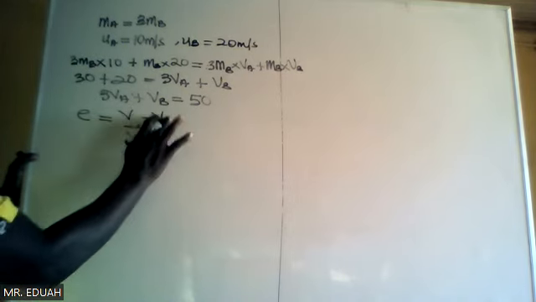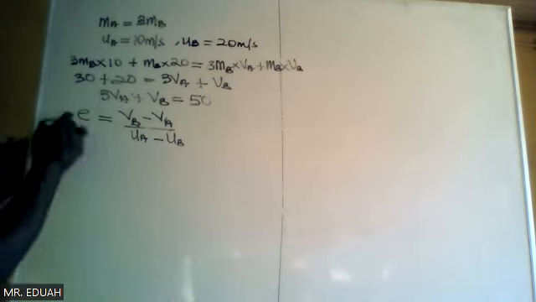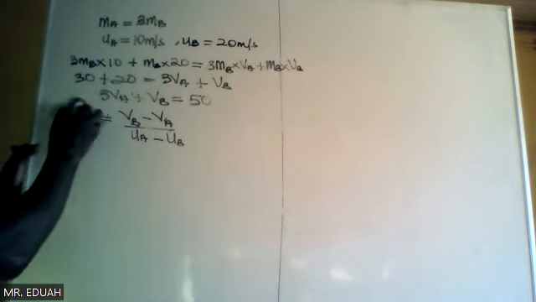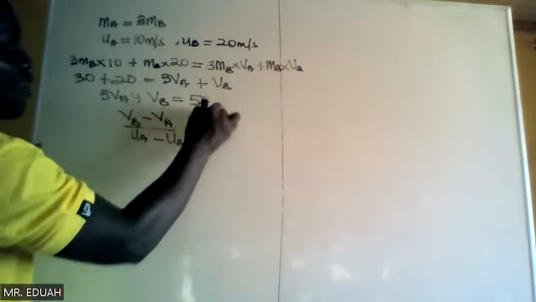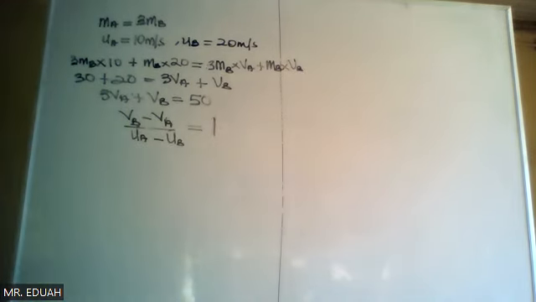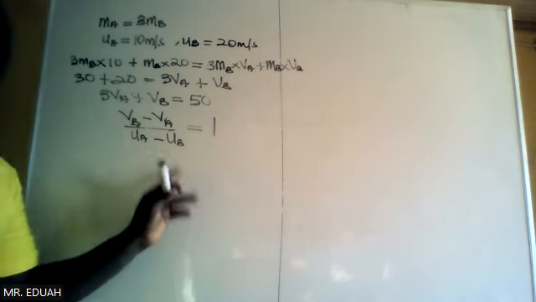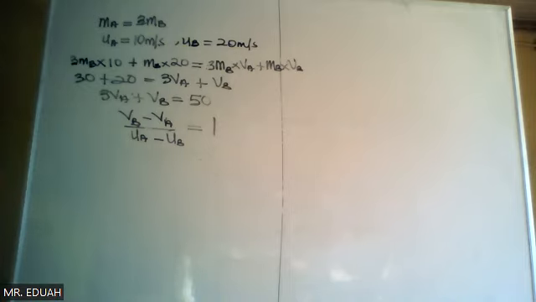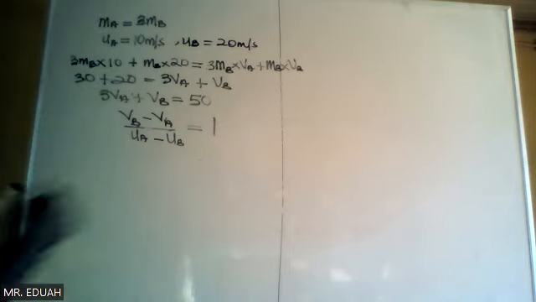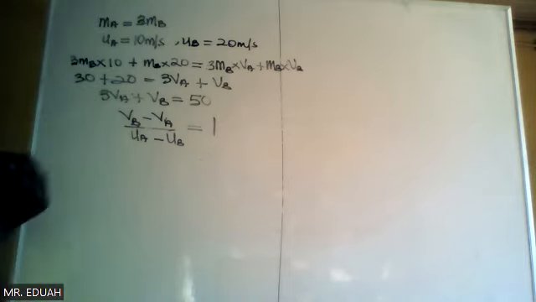You are told the collision is perfectly elastic, and so E is equal to 1. Or write relative velocity of approach equals relative velocity of separation. Each of it will do. So when you substitute the value of E, you will come back to that equation.